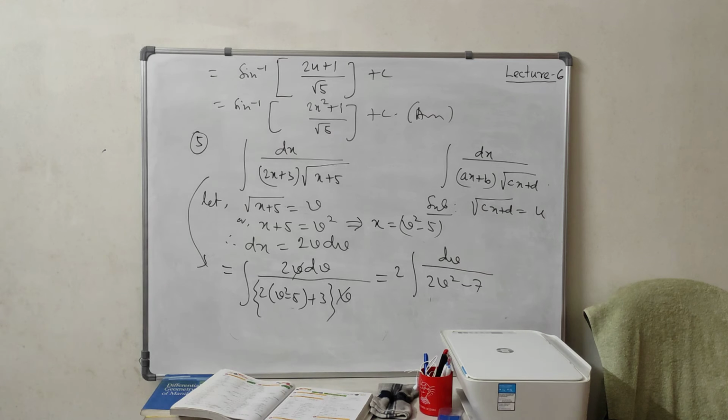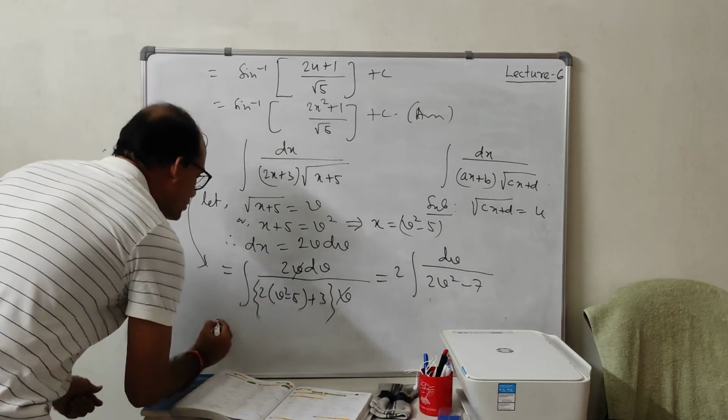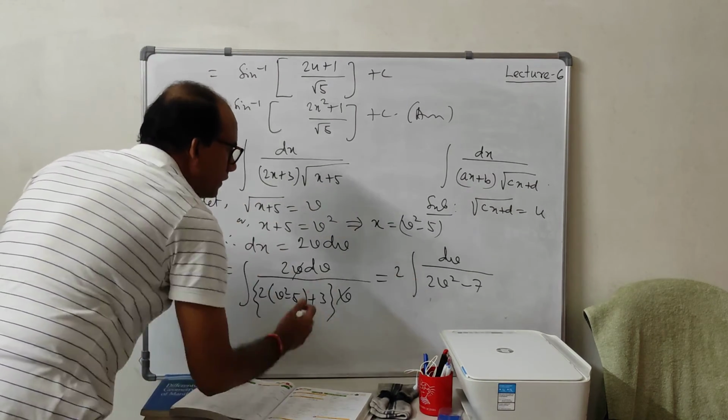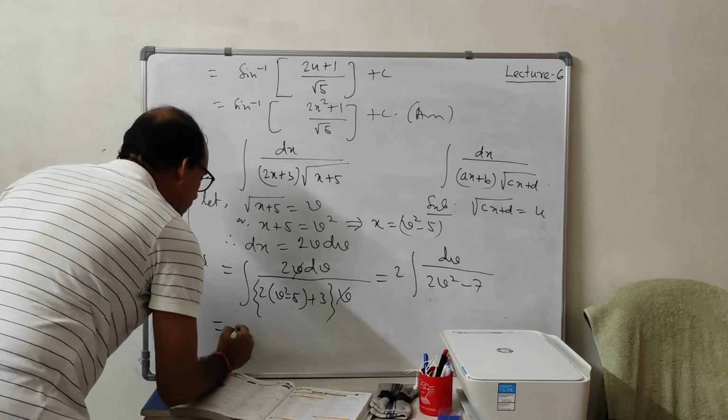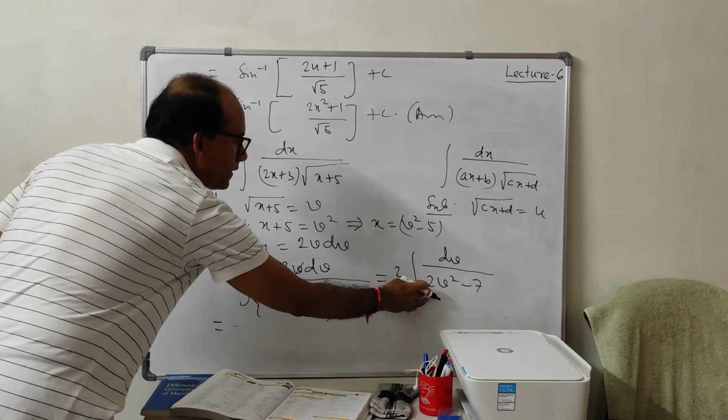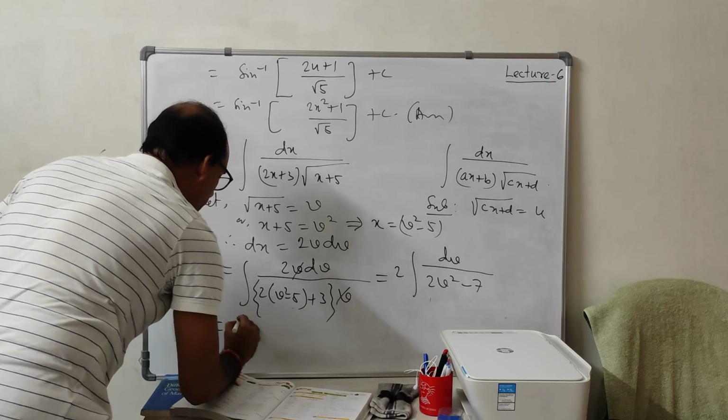See. Okay. Next, take common 2 out, and these 2 will be cancelled out with these 2.